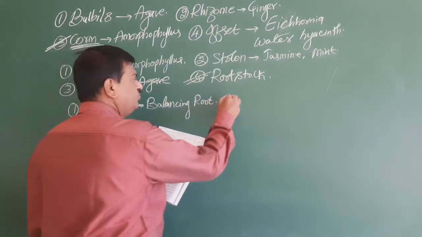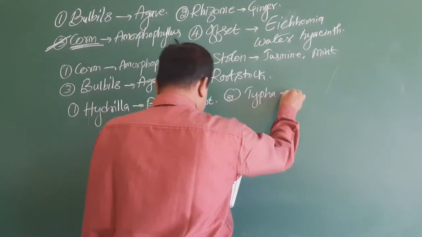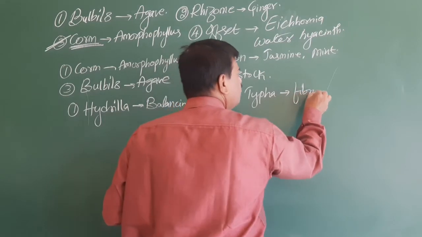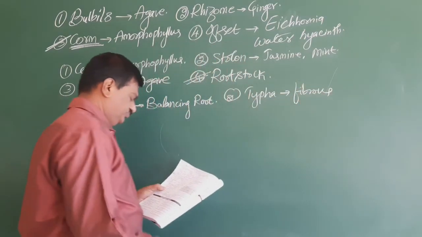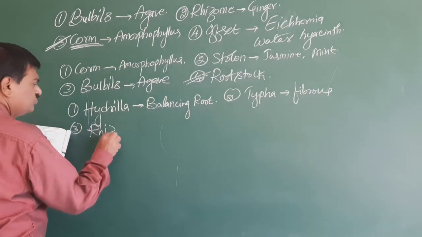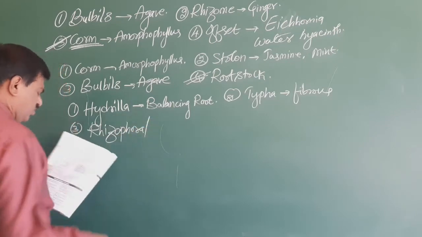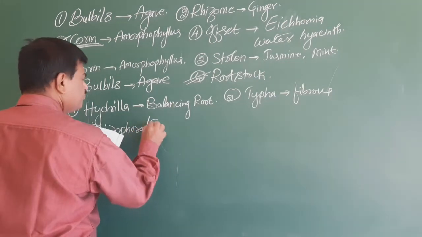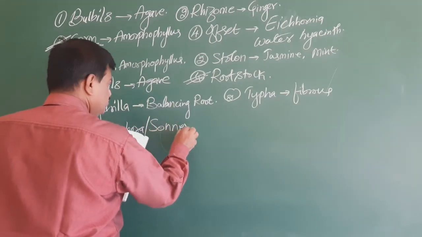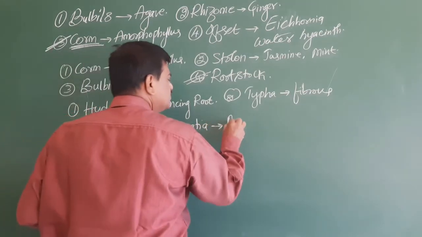We go for the second one. The second one is Typha. This Typha has the presence of fibrous roots. And the third option is Rhizophora, or Sonneratia. Example for this is mangroves.